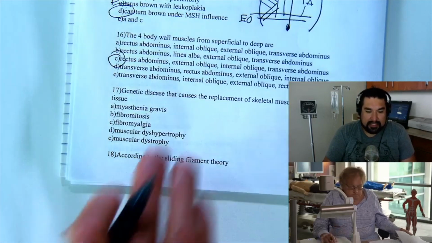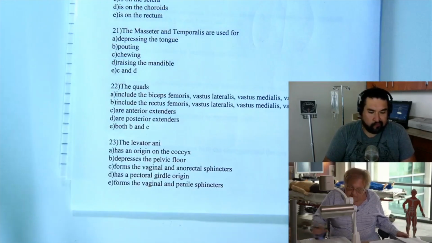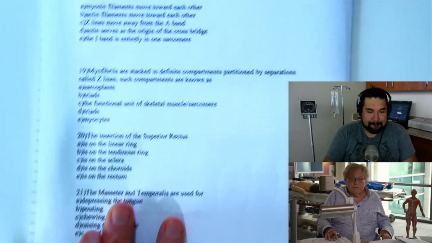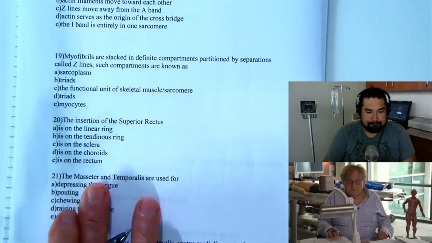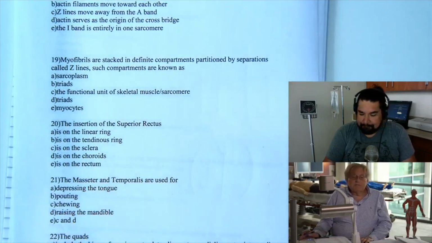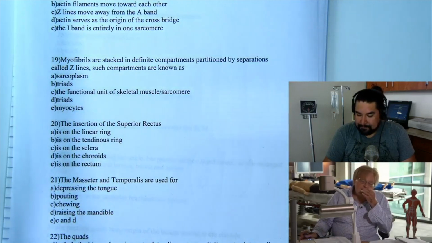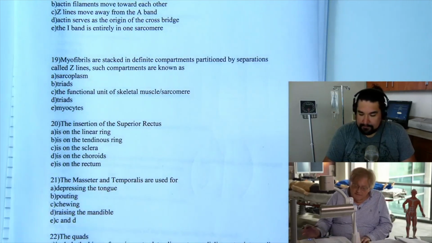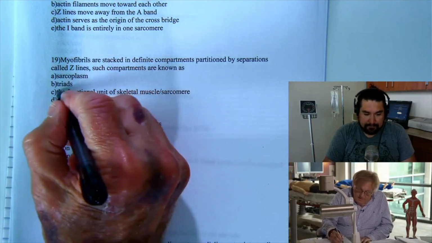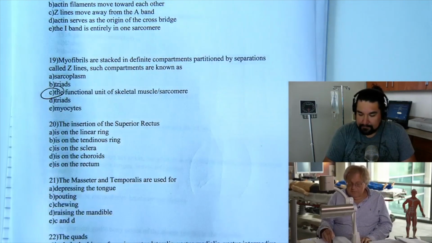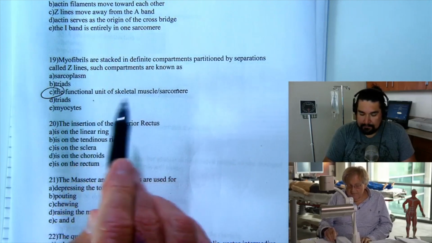Number 19 is a definition that I really don't like, but it's a definition that's been used forever. You'll see it in board exams and on any type of allied health exam. It's a definition basically of nothing more than a sarcomere. Remember, the sarcomere is the functional unit of skeletal muscle.